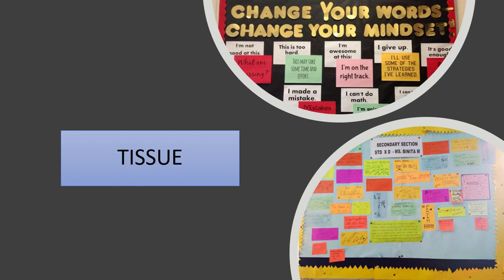And all these works are distributed among different students on the basis of their potential, on the basis of their caliber. Am I right? For example, the students who are very creative get the responsibility to decorate the display board. The students who are very organized take up the task to distribute the worksheet or notebook.